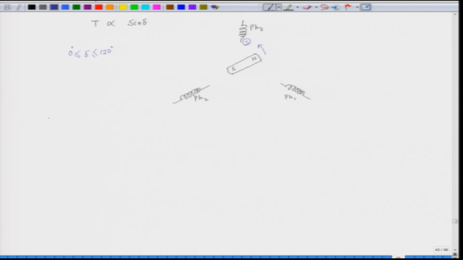So, the torque in this case varies like this. If you plot the torque waveform here, theta is the rotational angle. As it rotates, delta is 120 here and this goes to 0. So, the torque will change in the following fashion, a sine wave.